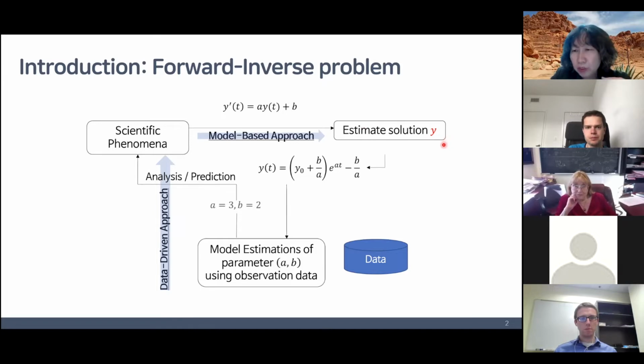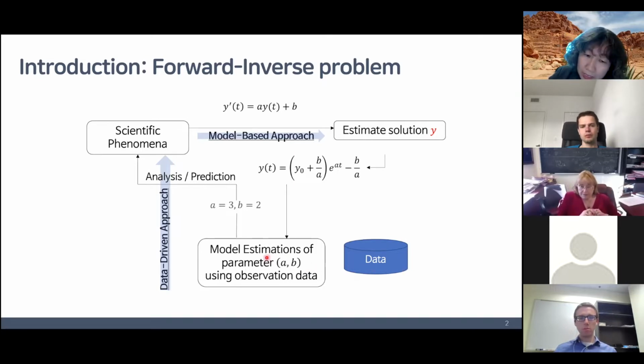So this is the forward way. On the other hand, the data-driven approach goes exactly in the opposite direction. You first begin with the given data, and then you try to estimate model parameters, in this case A and B, with a prescribed model like this. So this is called the data-driven approach.